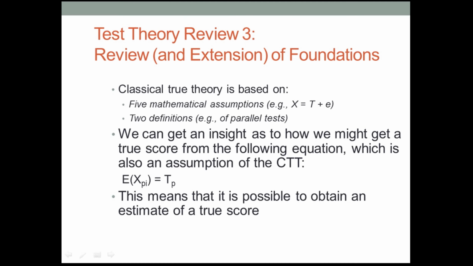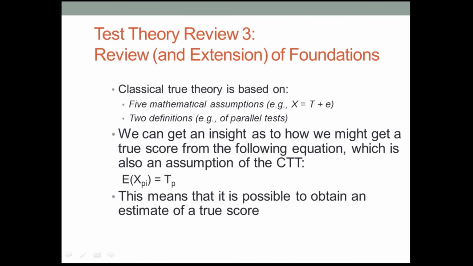It usually should be pretty clear from the context. I will try to use an epsilon for expected value, but the E is used for the expected value of the obtained scores for a person on a test equals the true score of that person.